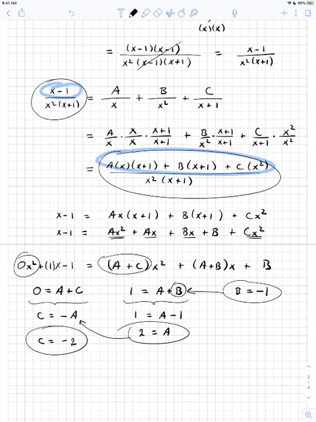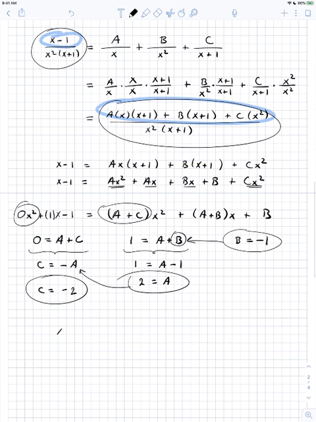And now we have our partial fractions expansion. So x minus 1 over x squared times x plus 1 is equal to a over x plus b, which is negative 1, over x squared plus c, which is negative 2, over x plus 1.